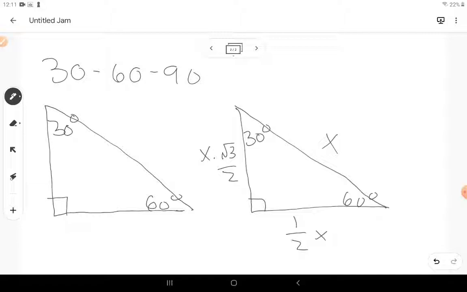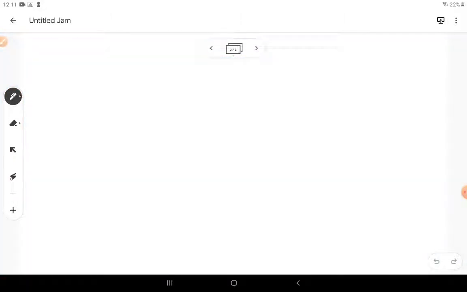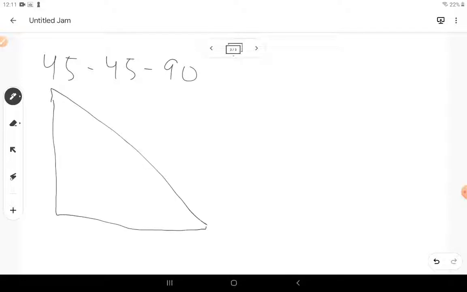Simple and plain. Now let's move on to our next special right triangle, which is our 45, 45, 90 triangle. It is the 45, 45, 90 triangle because you have a right angle, a 45-degree angle, and a 45-degree angle.